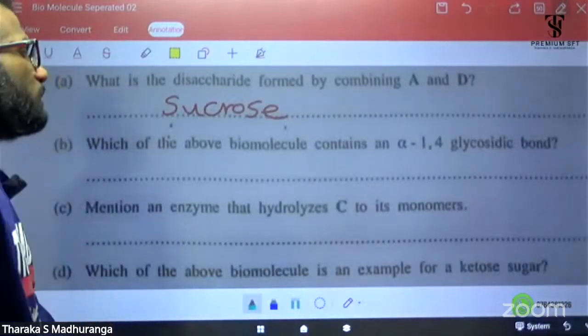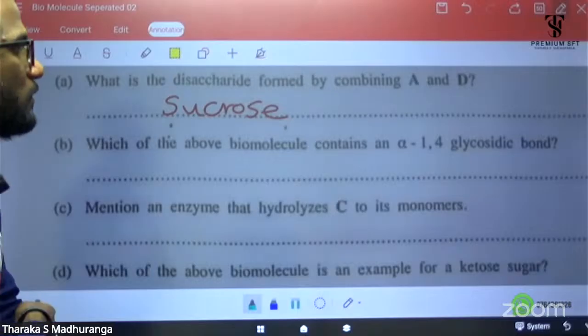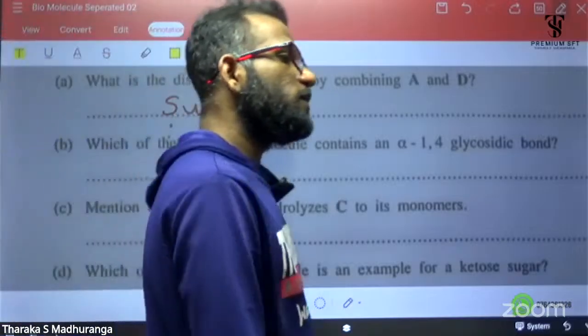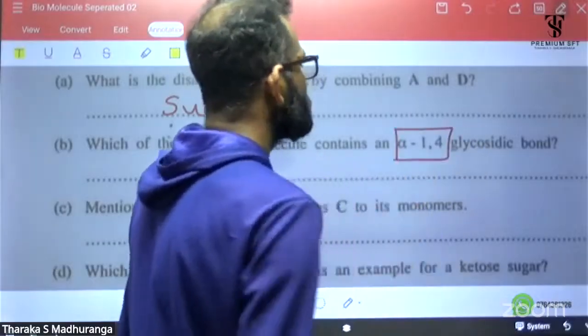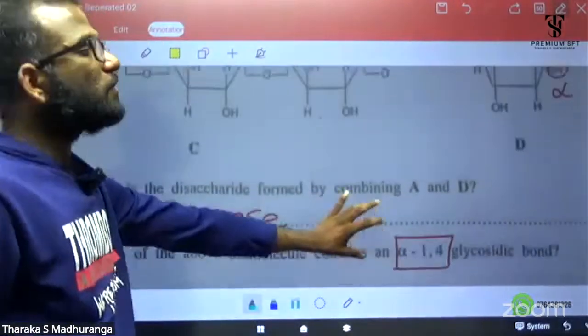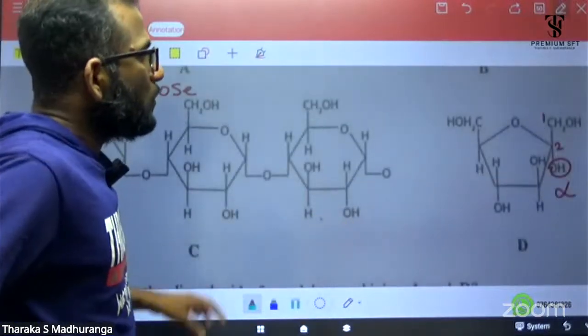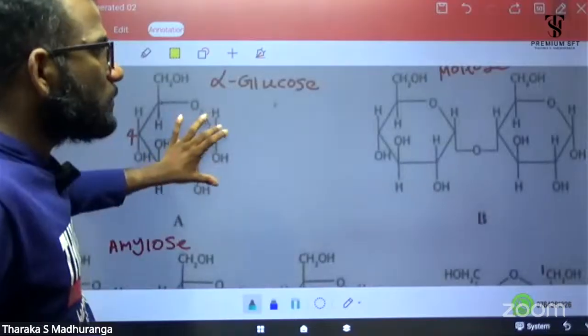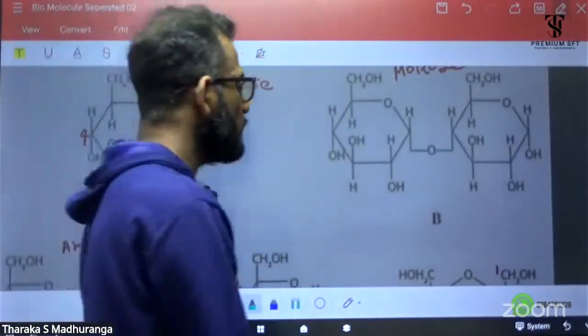Which of the above biomolecules contains alpha 1,4 glycosidic bonds? What's the meaning of alpha 1,4 glycosidic bonds? I explained in the lesson. 1,4 means two carbon numbers.